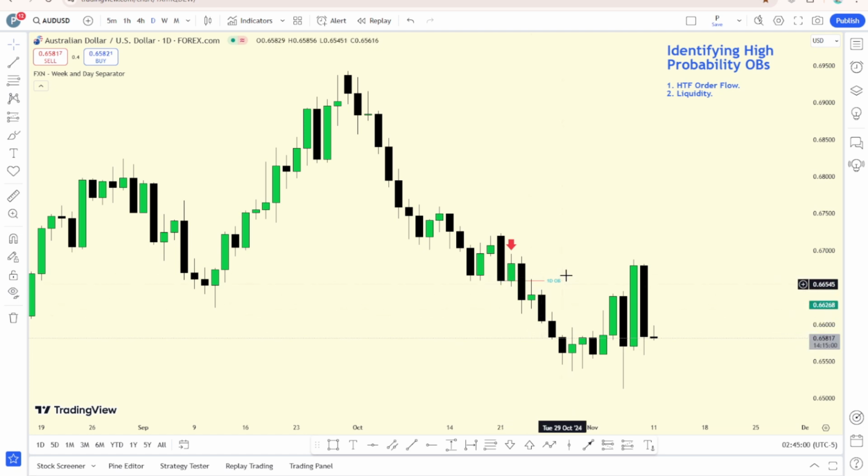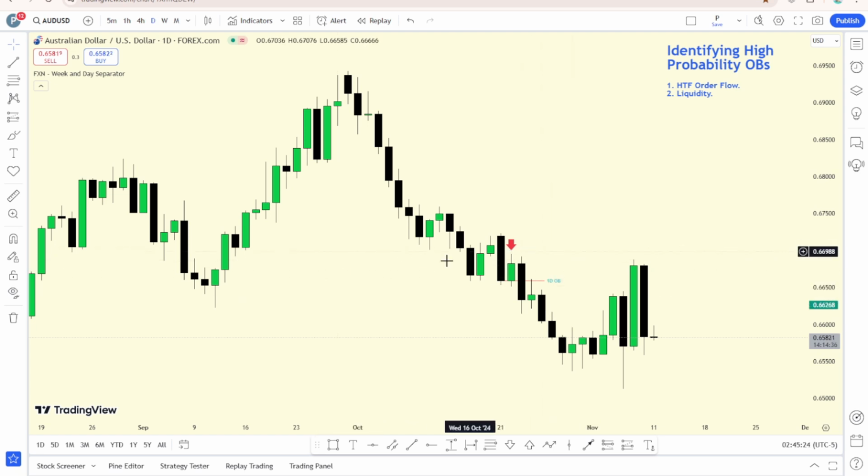Now, what makes this a high probability order block, so that when the market retests it, it will probably continue lower, is number one, higher time frame order flow. That is one of the major things that will make this order block respond lower when it is retested, and not go any higher. We are going to look at the weekly chart shortly.